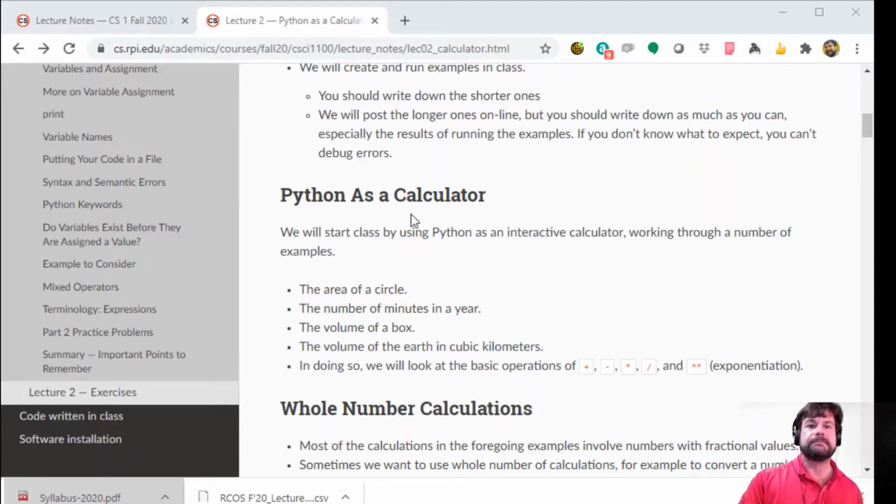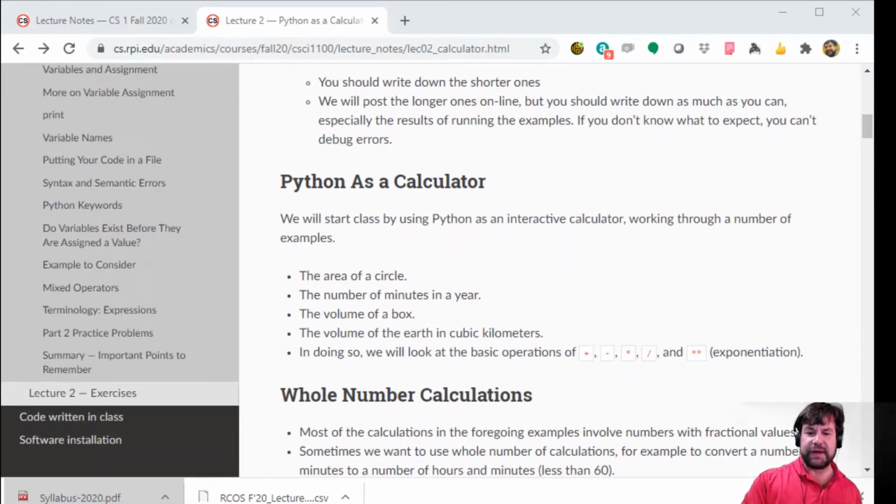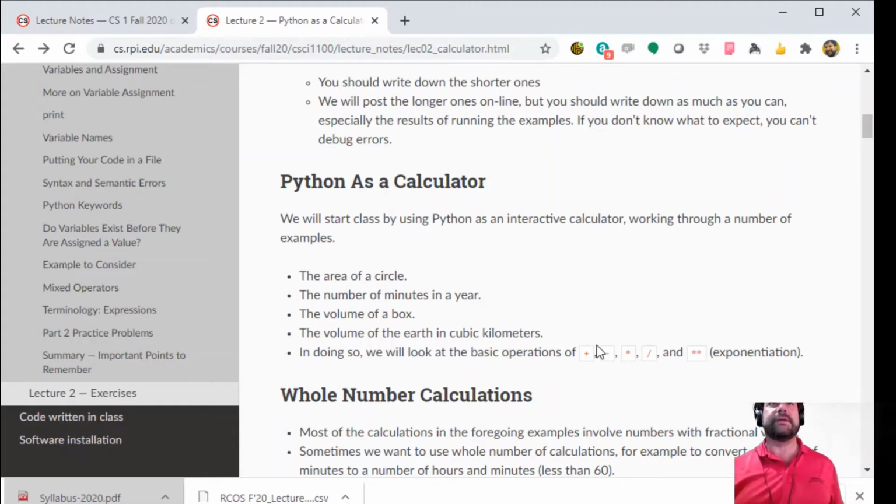All right. So let's go back to Python as a calculator. I've got to tell you, I'm not really all that happy with this WebEx. Anyway, so you guys have done calculators, right?